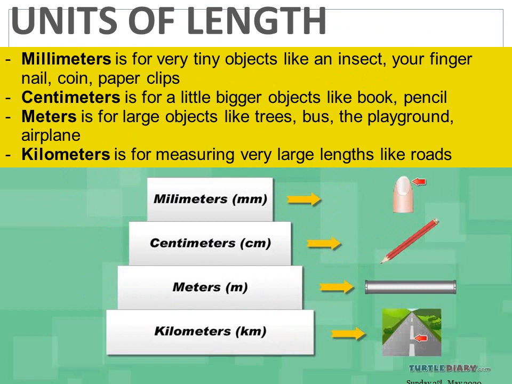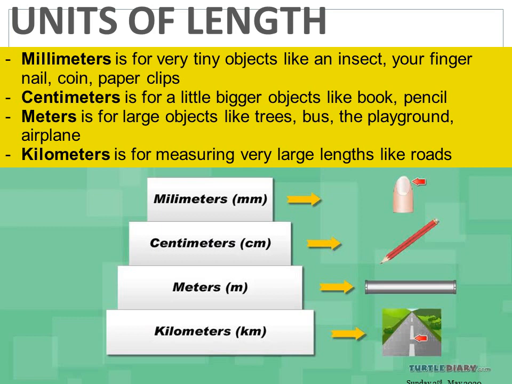Now meters. Meters is used to measure larger objects: school bus, playground, the field where you play your football, the length of the house, the length of the room. Your sofa can be measured also in meters. The bus, the trees, you can measure them in meters. Even an airplane can be measured in meters.